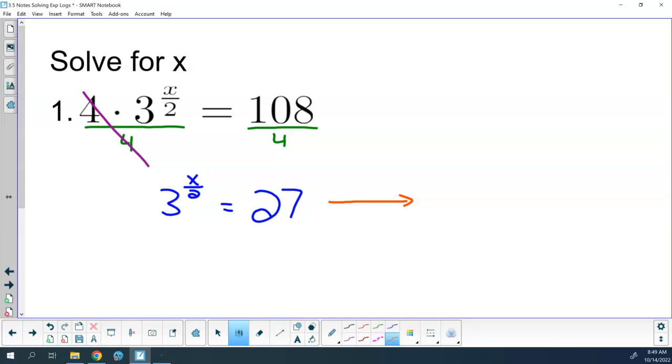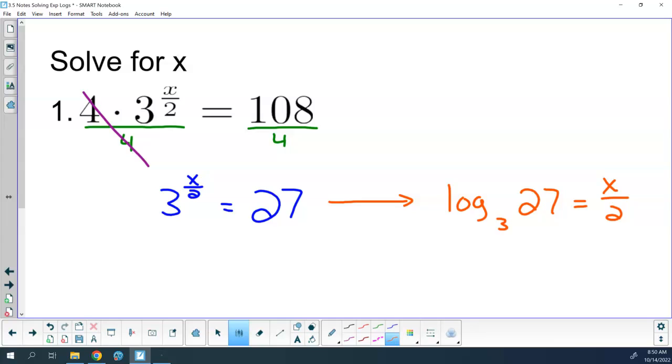So now it becomes log, my base is 3, of my argument, 27, equals my exponent, x over 2. In this case, it works out nice because there is an exponent that we can put on 3 to get 27. If this were 28 here, let's say, then we'd have to use that change of base formula that we talked about last week.